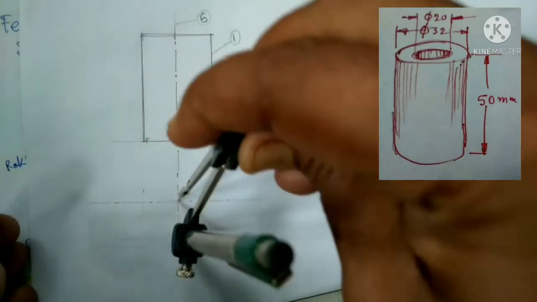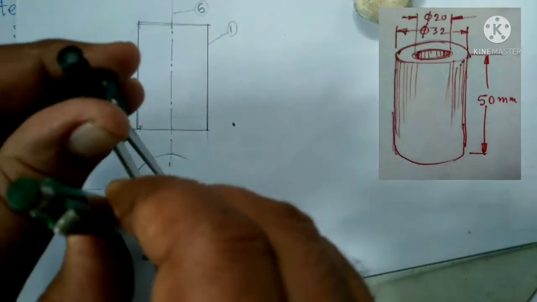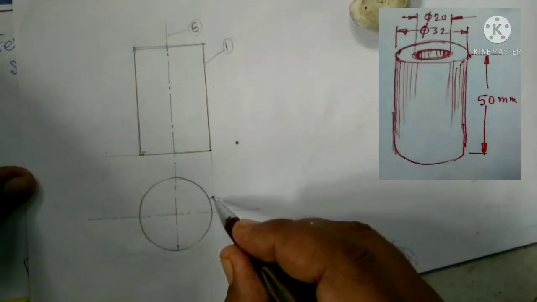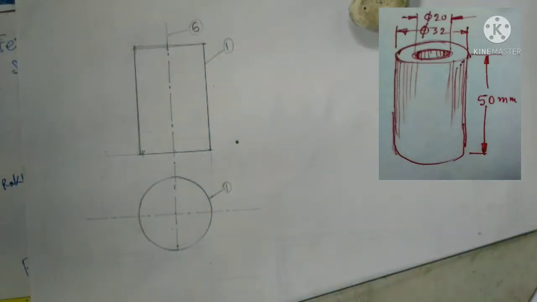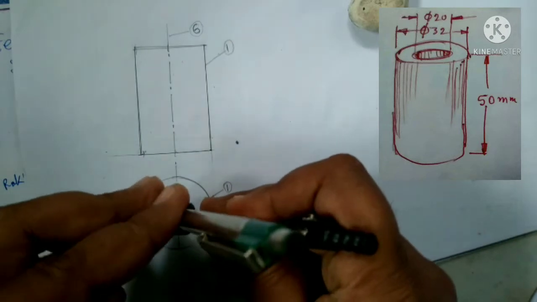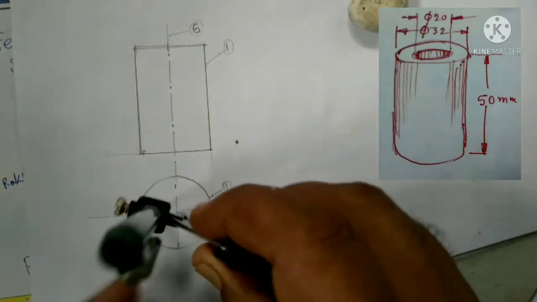Now we will draw the top view. For the top view, we will get two circles. One is for the cylindrical part and another one is for the cylindrical hollow part. Use the diameter 32, that means the radius will be 16 millimeter.